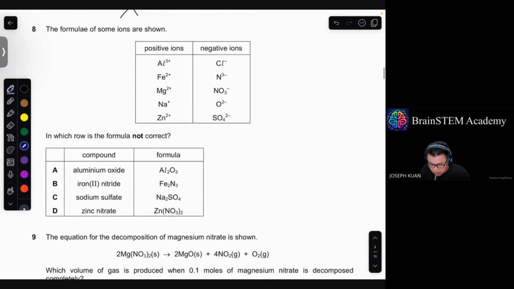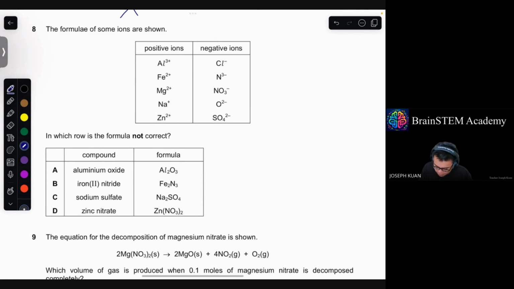Moving on to number 8, the formulae for some ions are shown. In which row is the formula not correct? Remember how we can construct an ionic compound formula? It's by switching the charges.